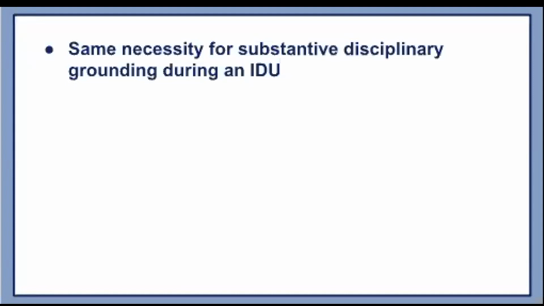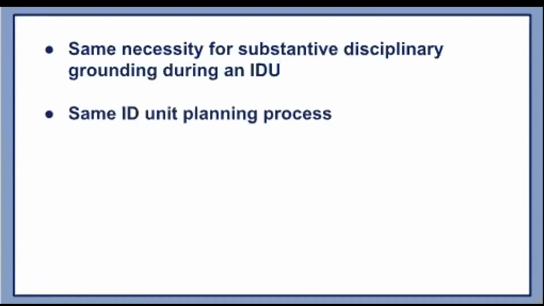Students will need to analyze that learning. So we'll get into the specifics of the changes in assessment in a bit, but know that disciplinary grounding, distinct disciplinary learning, is still a part of an IDU, just like it was before, but that continues, even though that's not assessed in that way.